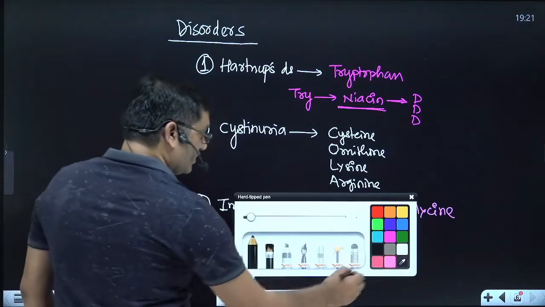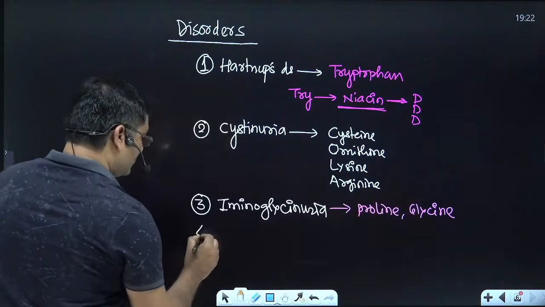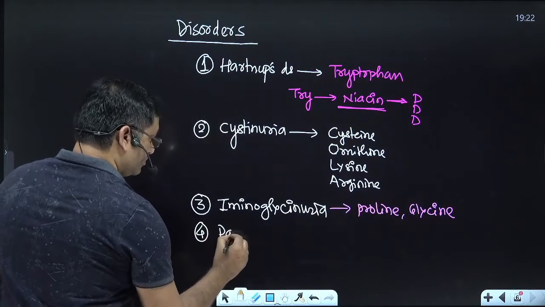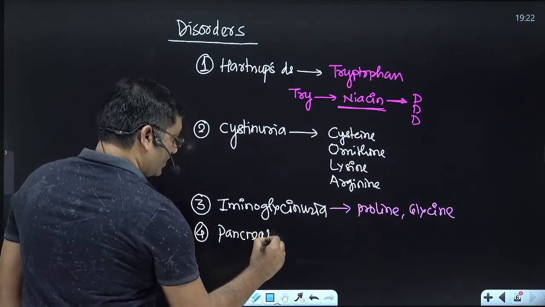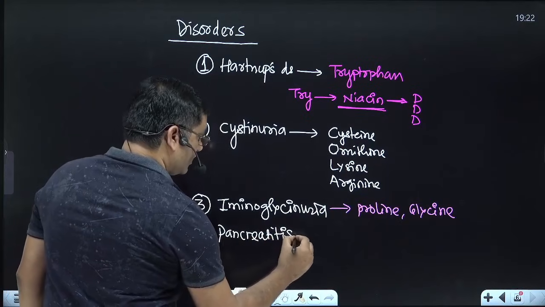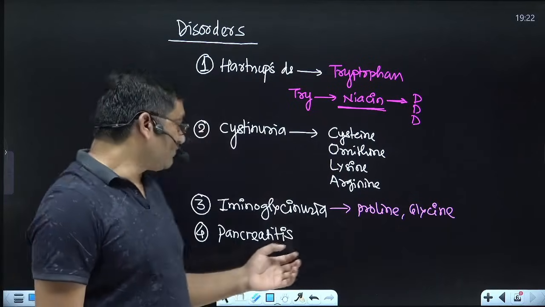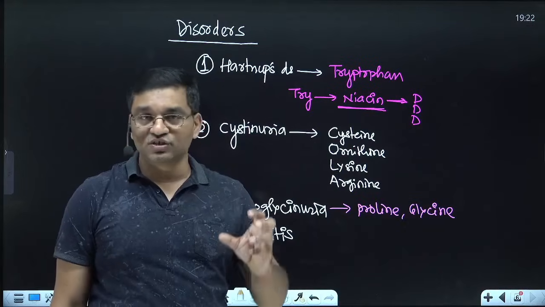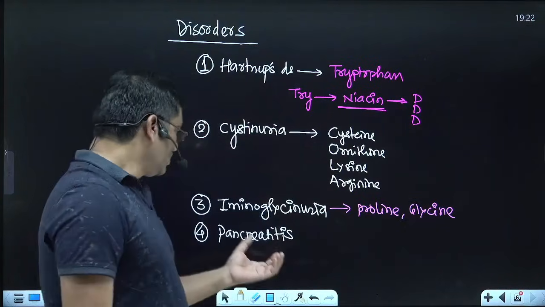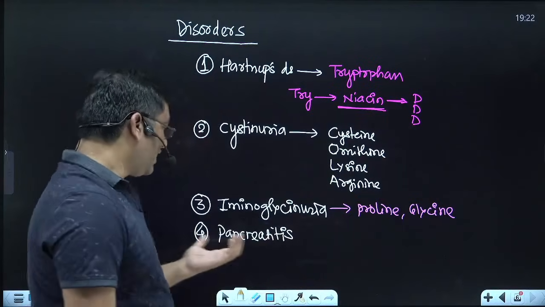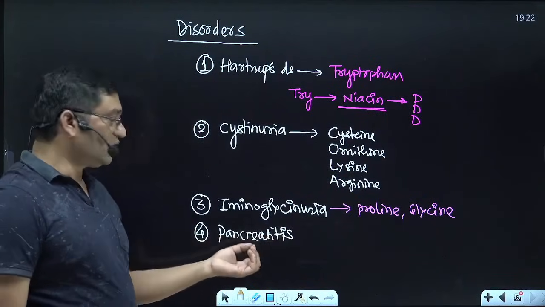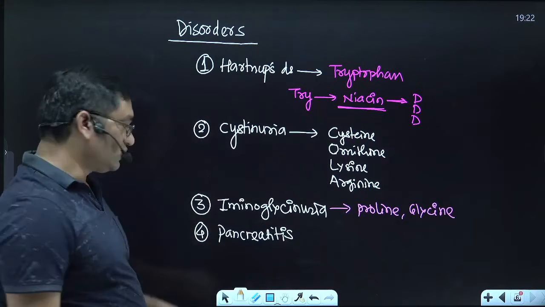Then the fourth one is pancreatitis. Inflammation of the pancreas causes malabsorption because it affects the pancreatic secretion, which is important for protein digestion. Pancreatitis and cystic fibrosis are particularly involved in malabsorption of protein.